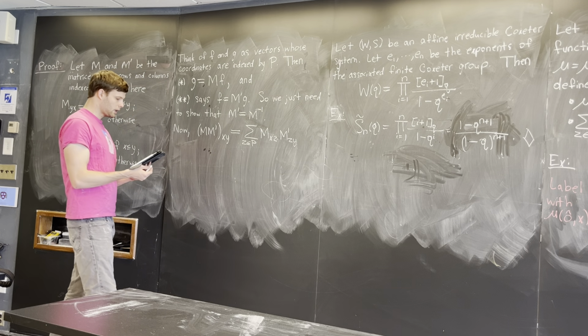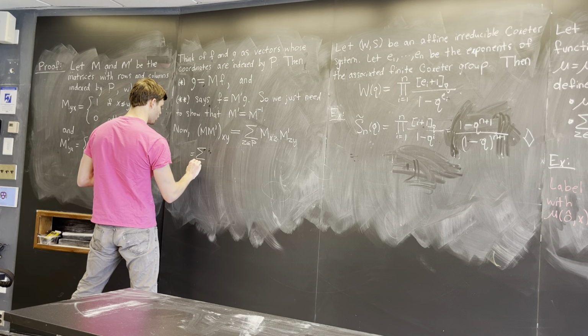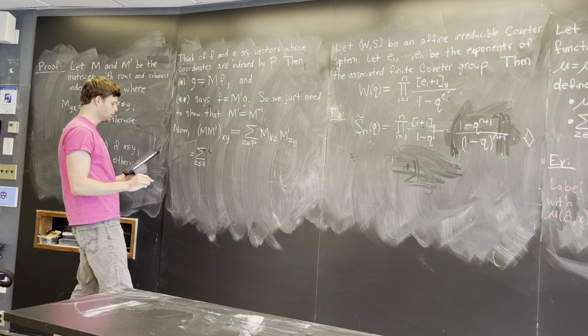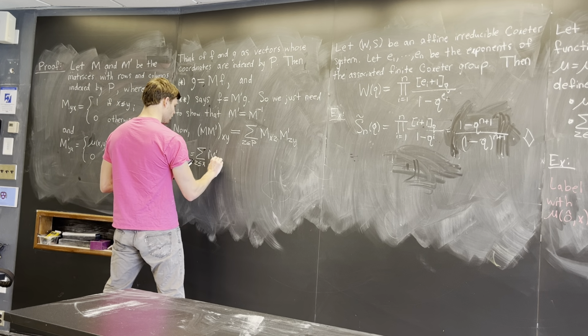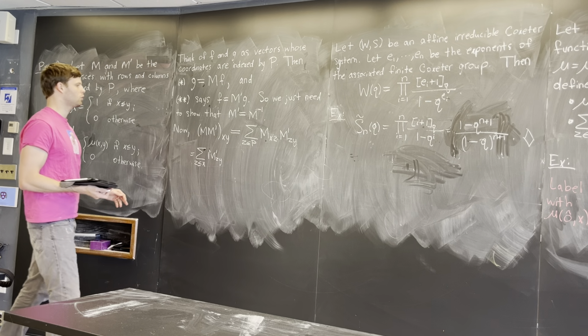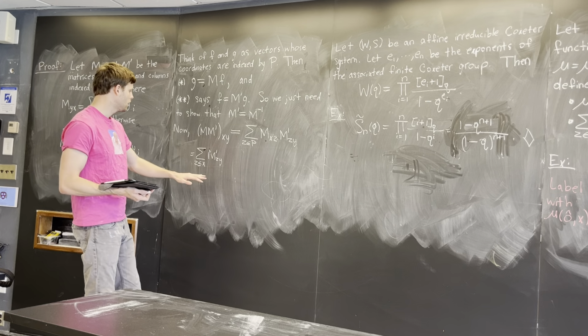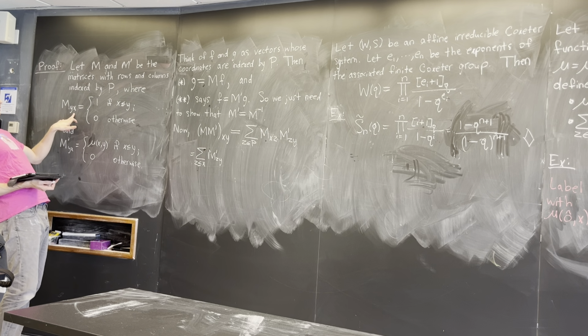But I can rewrite this as the sum over z less than or equal to x of M prime sub zy. And the point is that M sub xz will be 0 unless z is less than or equal to x, based on how it's defined here.